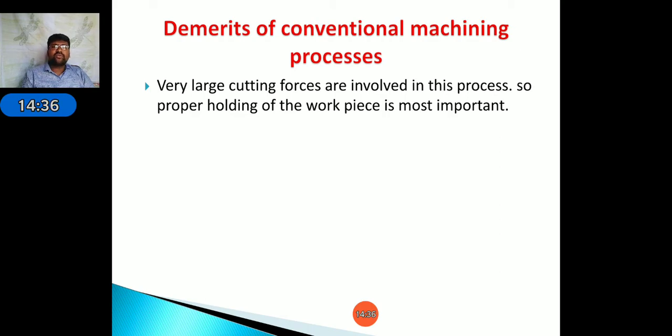There are different types of chuck, that is 3-jaw, 4-jaw, etc. If we are using a soft material with holding clamps, a large amount of force will develop in the workpiece. It is a defect.